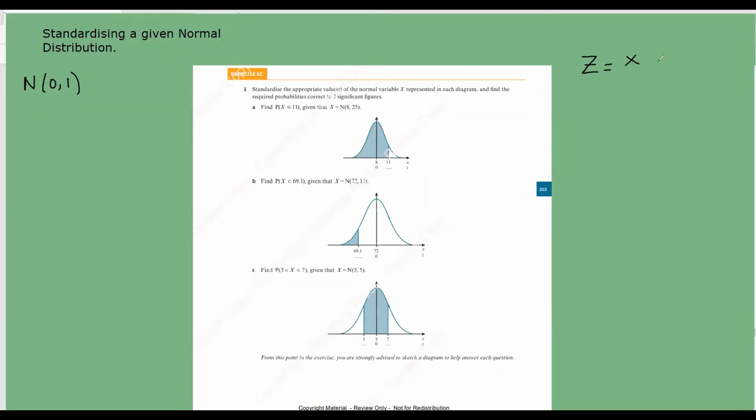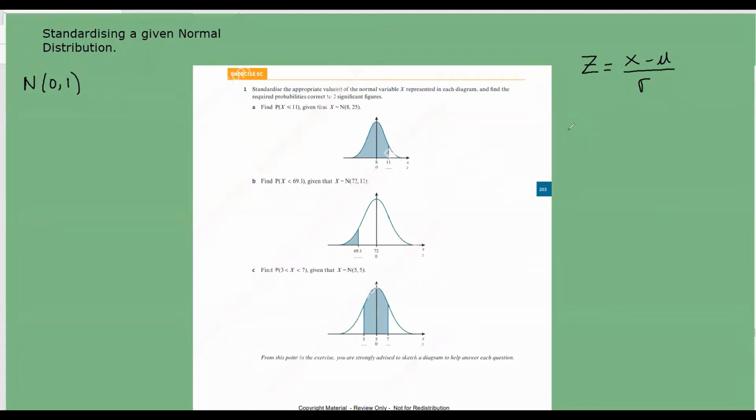It says x minus mu over the standard deviation. This is the formula we shall be using to standardize our given normal distribution, or to convert it into a standard normal distribution where the mean is 0 and the variance is 1.